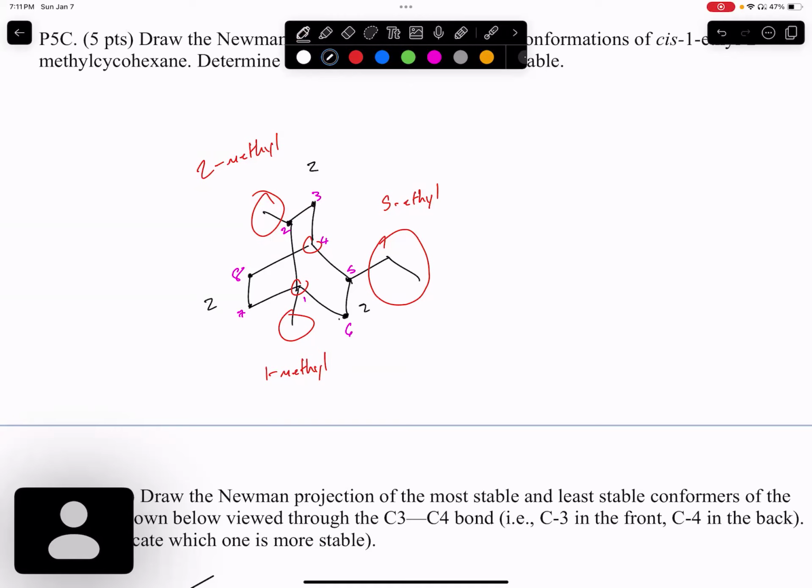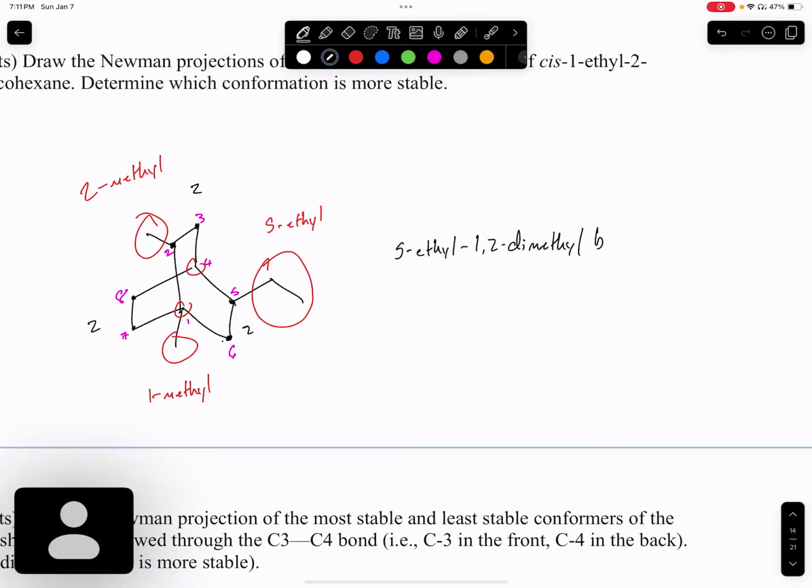So if we're going in alphabetical order, it would be 5-ethyl-1,2-dimethyl, and the bicyclo[2.2.2]octane.